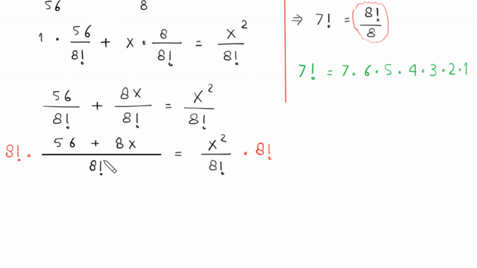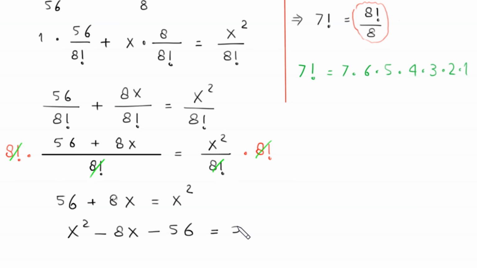So this 8 factorial will be cancelled out with this 8 factorial, and we are left with 56 plus 8 times x is equal to x squared. Move these two terms to the right hand side. This will become x squared minus 8 times x minus 56 is equal to 0.